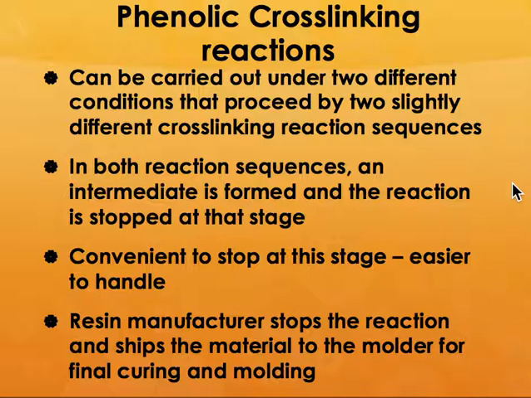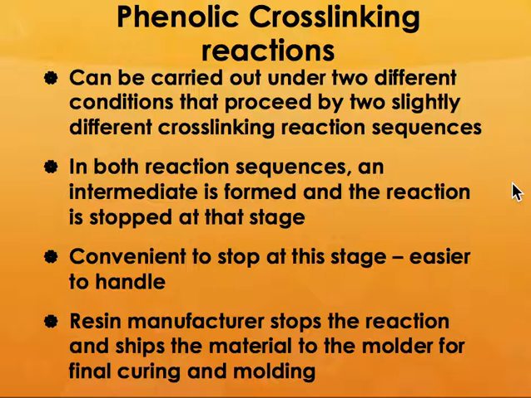So these reactions can be carried out under two different conditions, and you can get two slightly different cross-linking type of sequence. And in both the reaction sequences, you have an intermediate that is formed, and you stop the reaction at that stage.